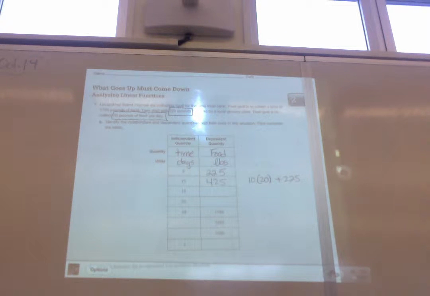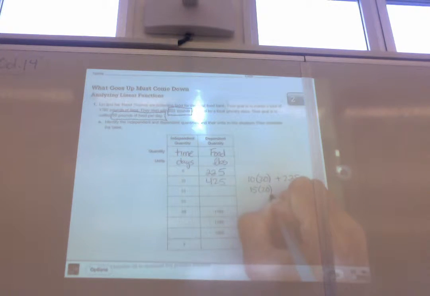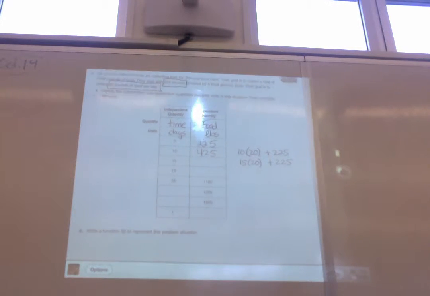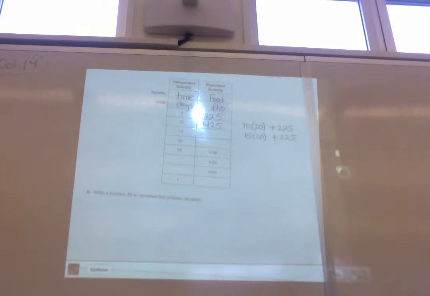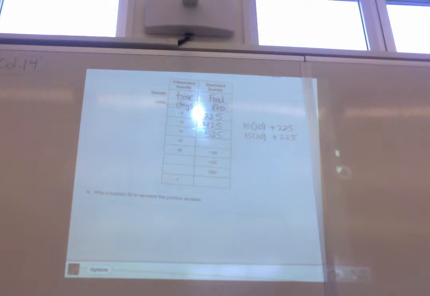And if I've gone 15 days, I need to go 15 times 20, and add it to the 225. 300 plus 225, that's 525 after you add them all up.